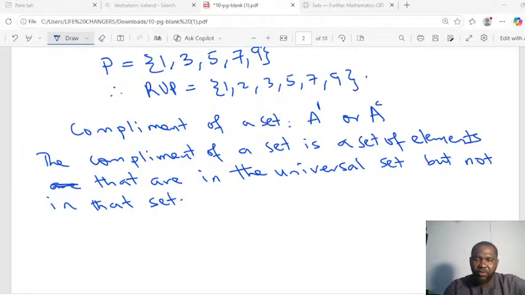Now, first of all, what this means is that you cannot find the complement of a set except the universal set is defined. That means except you know what the universal set is.